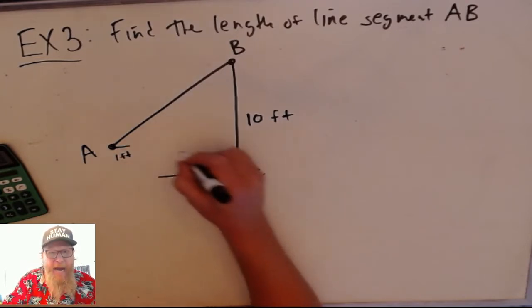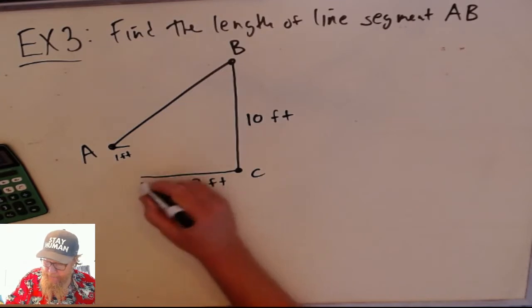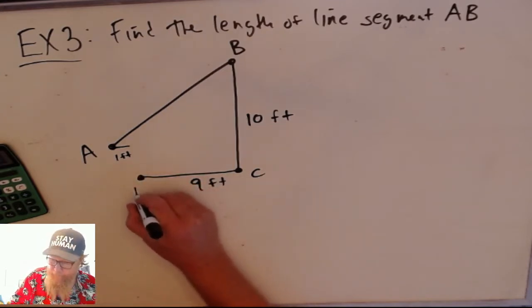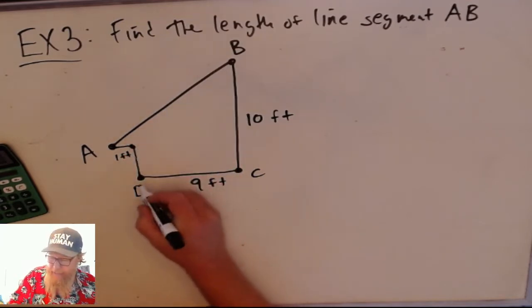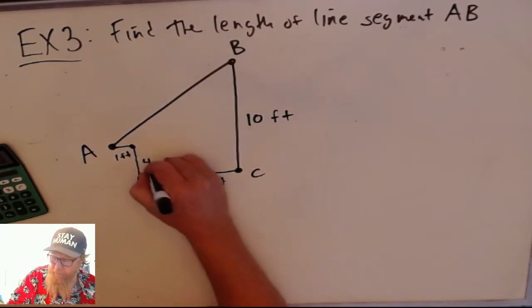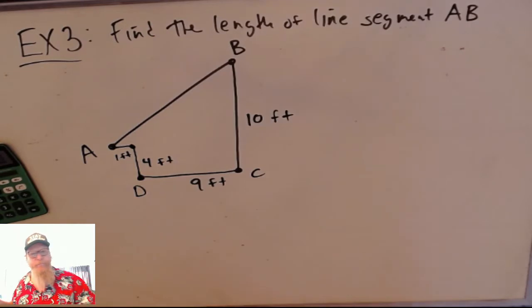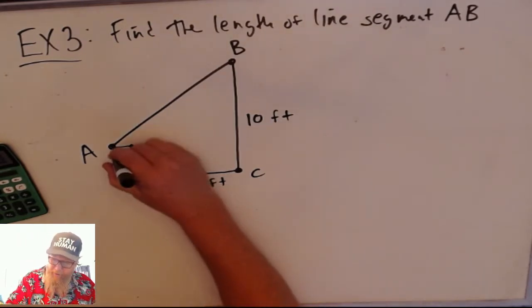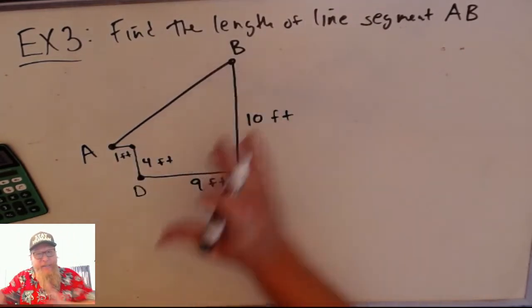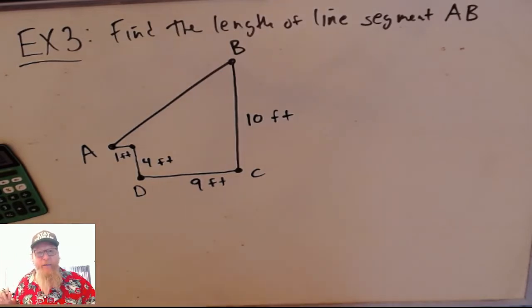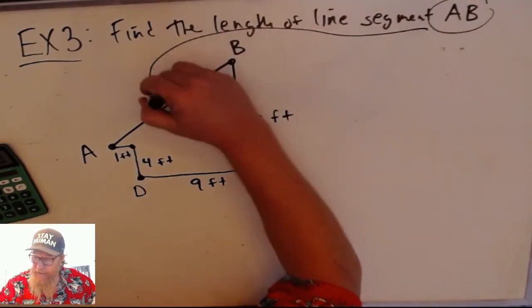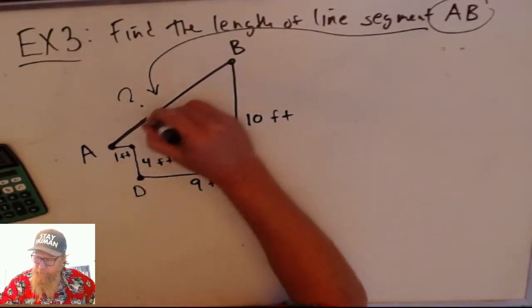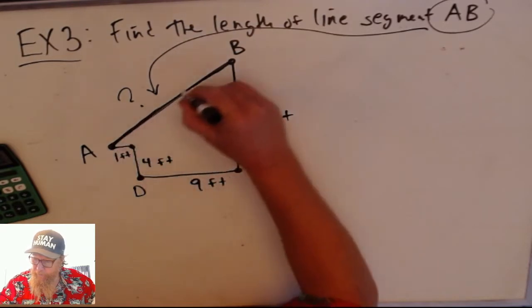Sort of the overhang of the building. And this edge is 4 feet. So you got a 1 foot overhang. Now you can kind of see the profile of like a shed or maybe half of a house. And I want to know the length of line segment AB. So how long is the edge of the roof?